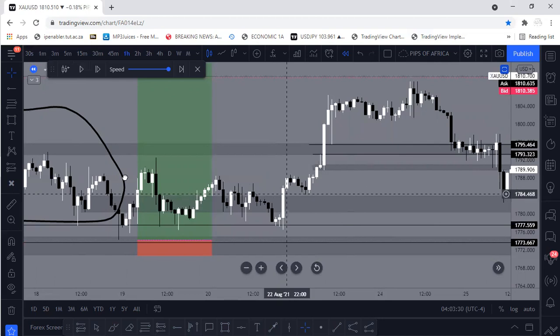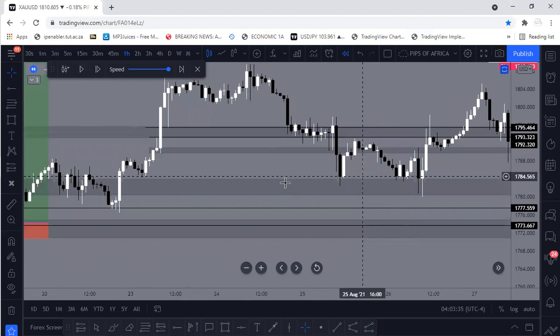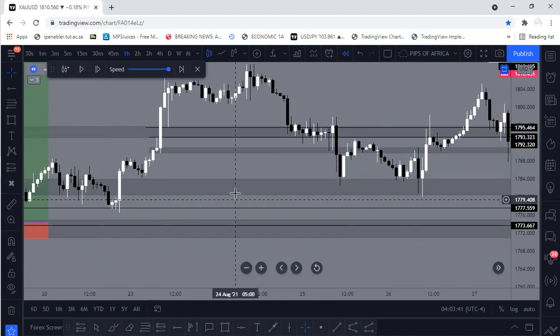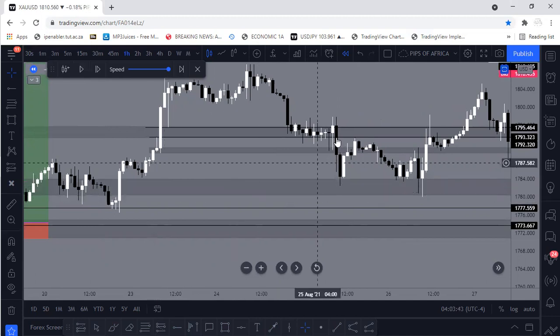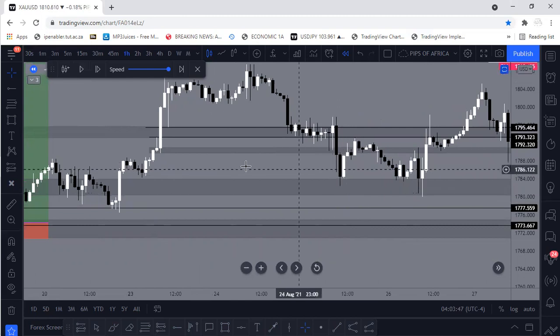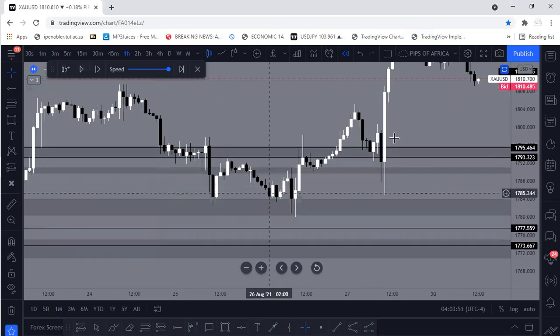That is why the price will always come back for those areas which were never mitigated. If an order block is still not mitigated, you must not delete this level. This level must remain there. The price will always go back there to respect that level which was never mitigated. We always go back to that order block which was not mitigated.